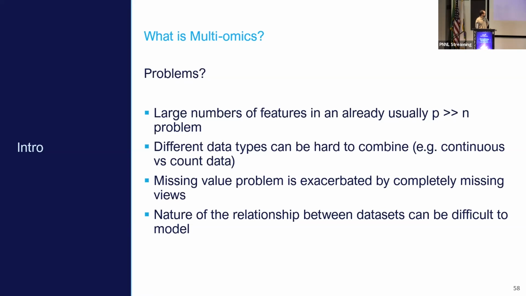So some problems that come up with multi-omics is that we're in this, I don't know if this terminology has been thrown around, P much greater than N situation, which is to say that usually the number of features we have is larger, sometimes much larger than the number of samples we have. We might have 1,000 features and 60 samples. And basically, when you have a lot of features, it's saying your system is very complex to describe.